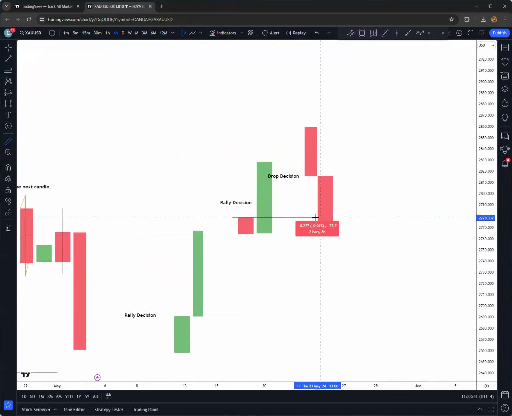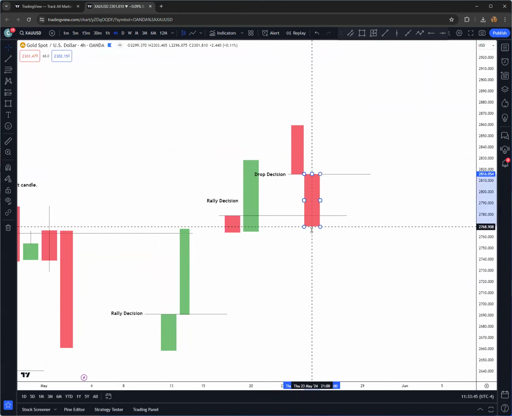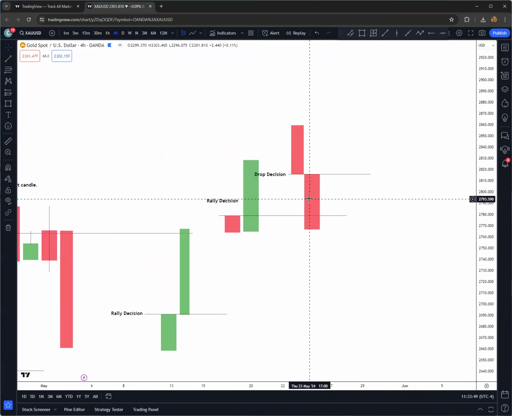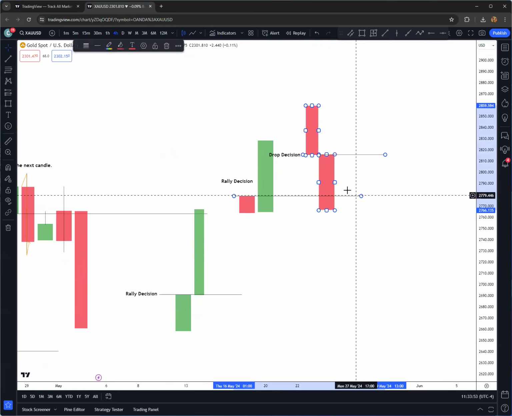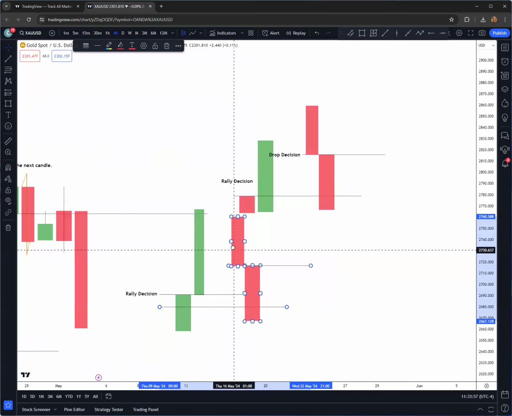This is pushing down and it's breaking this decision. That's something that you want to see. It could be another scenario where this here is pushing down.